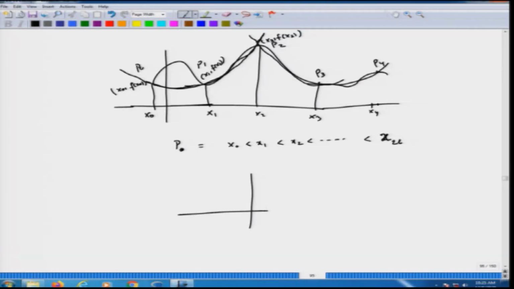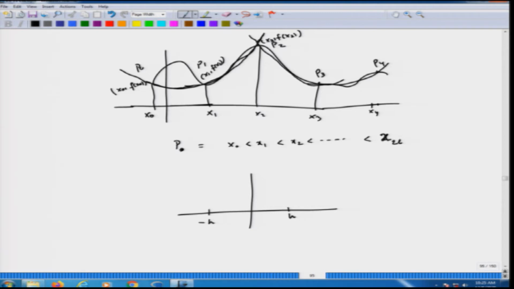So, let us try to compute the area under the parabola between these 3 points. What is going to be the area? For convenience, let us say we take the point x naught to be minus h. Remember that in the partition we are going to have subintervals of equal length.